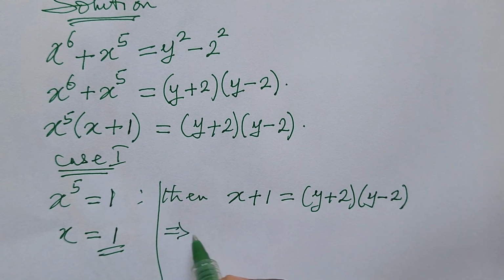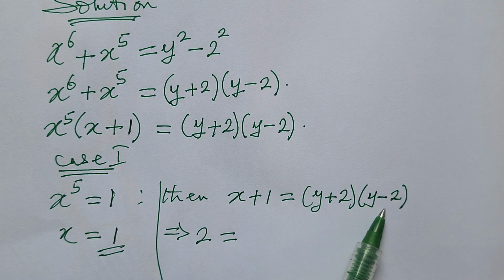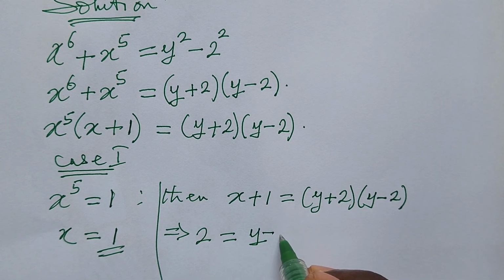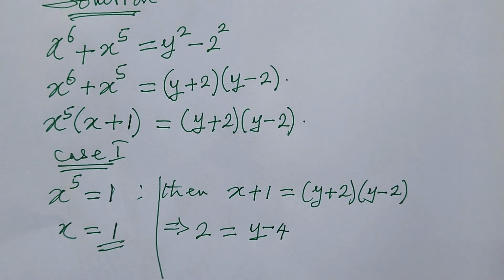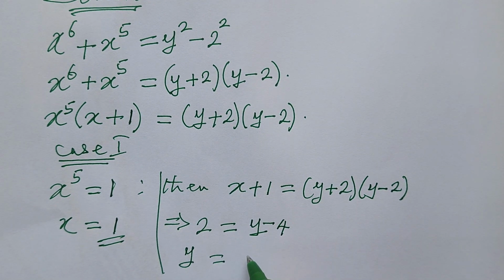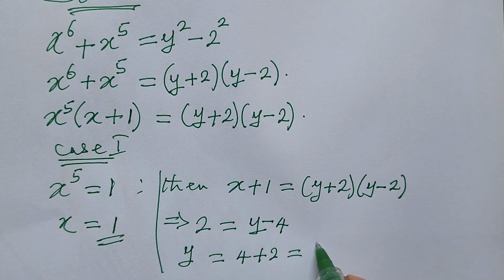So this is going to give us 2 is equal to, we can open up everything here, y squared minus 4. Automatically we have y squared equal to 4 plus 2, which is equal to 6.